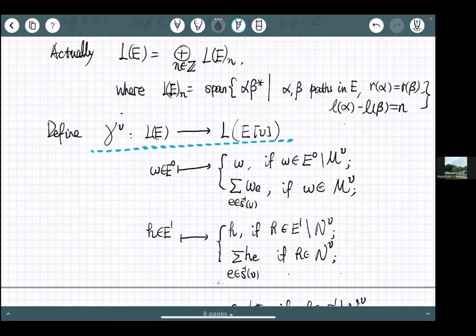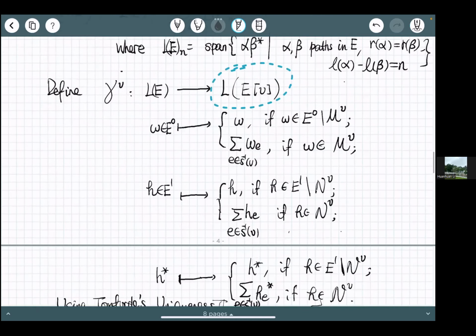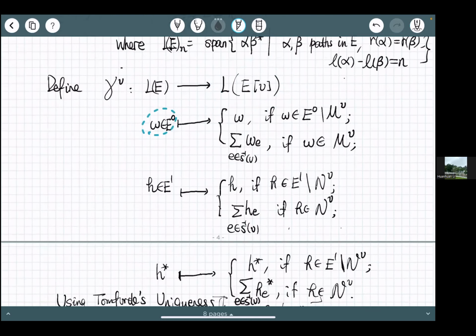So I want to define a map gamma V from L(E) to L(E_V). We just look at the generators. For a vertex, pick any vertex W. The image has two subcases, because W is either in M_V or not in M_V.